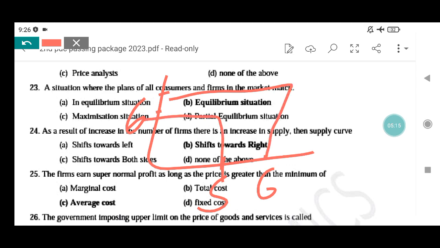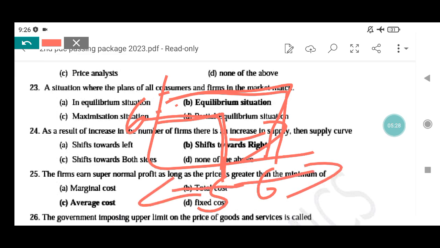This is the original supply. Here the number of firms is increased, so the supply curve is shifted rightwards. If the number of firms is decreased, it will shift leftwards.